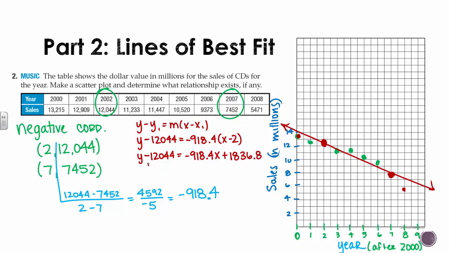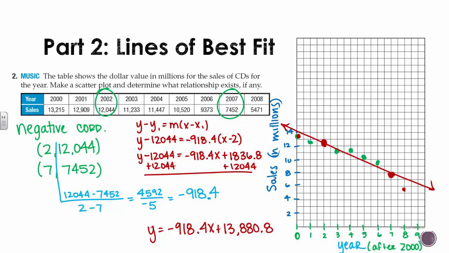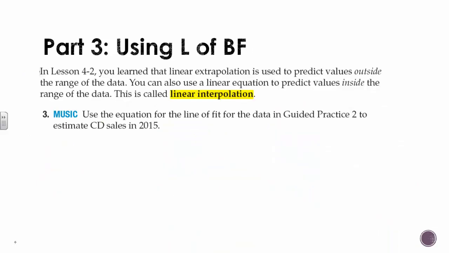And if I add the 1244 to both sides, we end up with y equals -918.4x plus 13,880.8. Now make sure that makes sense. If you look, it would go through about 13,880 right there. And this allows us to make some predictions like this next thing asks.